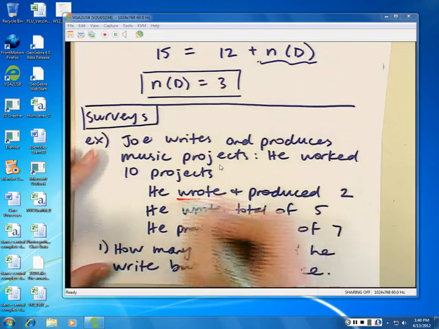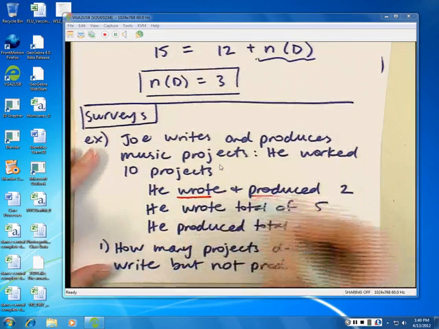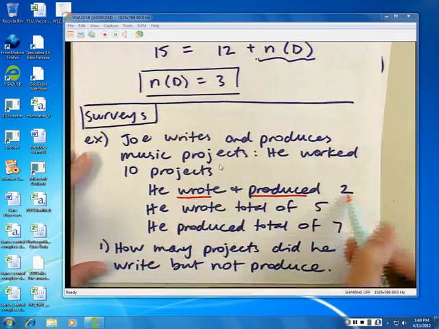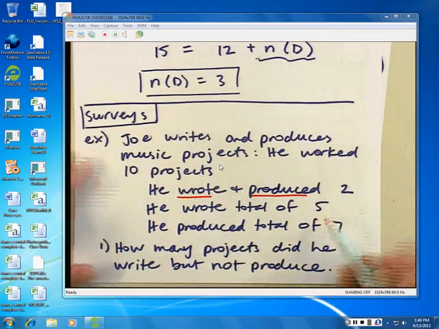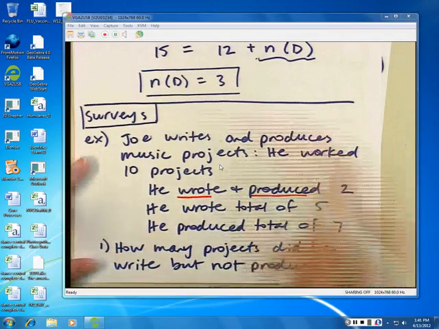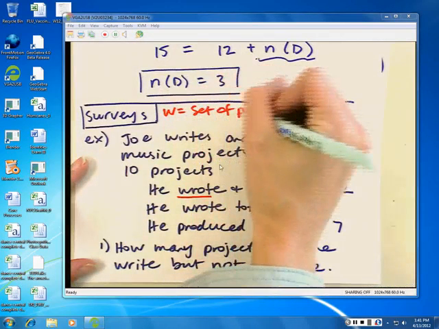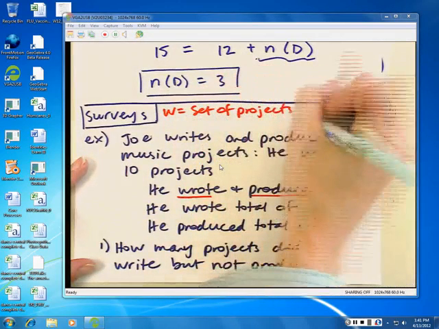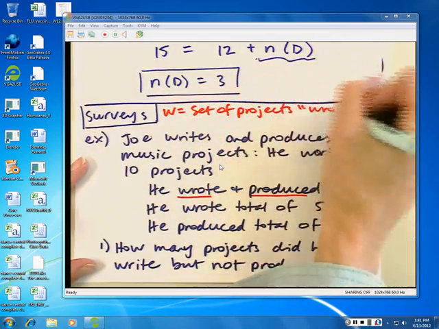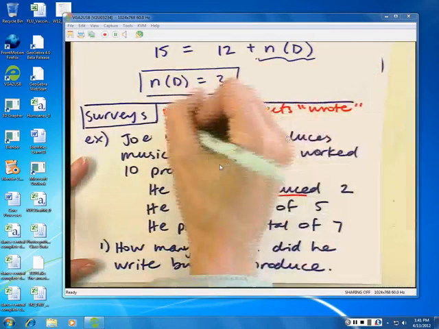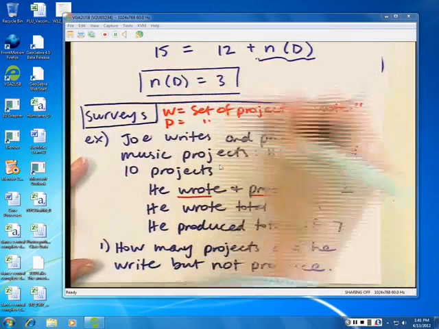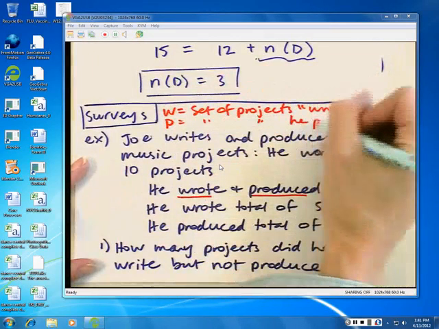We've got writing as a set, producing as a set. And what we're given here are the number of projects, not the names of the projects. So if I let W be the set of projects that he wrote, and P is the set of projects he produced.